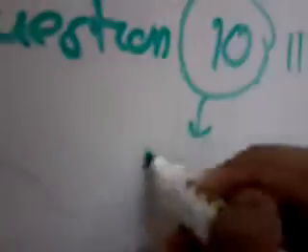Question number 10, you must answer, and for 11 or 12, you need to choose which one you want to answer. So students need to remember that question 10 you must answer, and 11 or 12 you choose which one you want to answer.